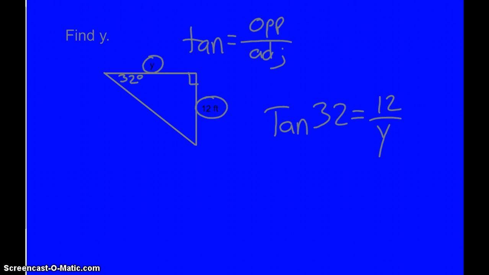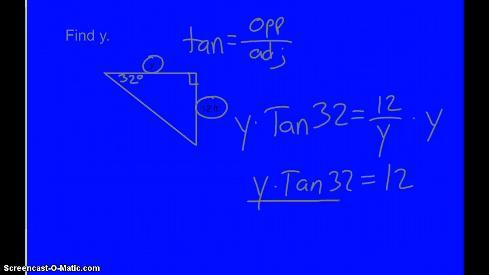The work we're going to do here gets a little bit long, and I'm going to show you a shortcut in the end. But we need to see why the shortcut works first. I always want to get rid of the fraction. So that makes y times tangent of 32 equals 12. To get y by itself, I have to divide by tan 32.